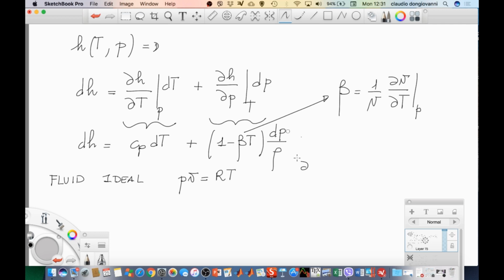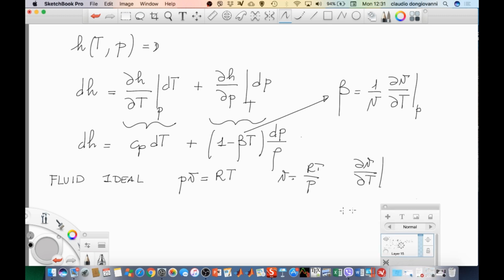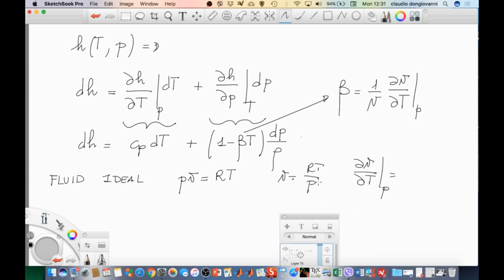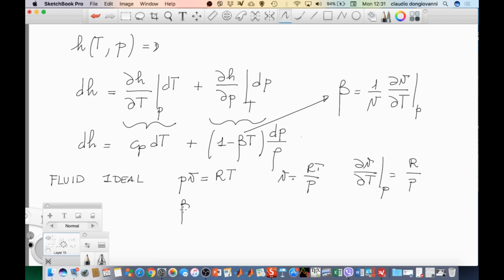And if you write V, you have RT over P. By deriving V with respect to temperature at constant pressure, it is equal to R over P. Therefore, your beta is equal to 1 over V, the derivative of V over the derivative of T at constant pressure.